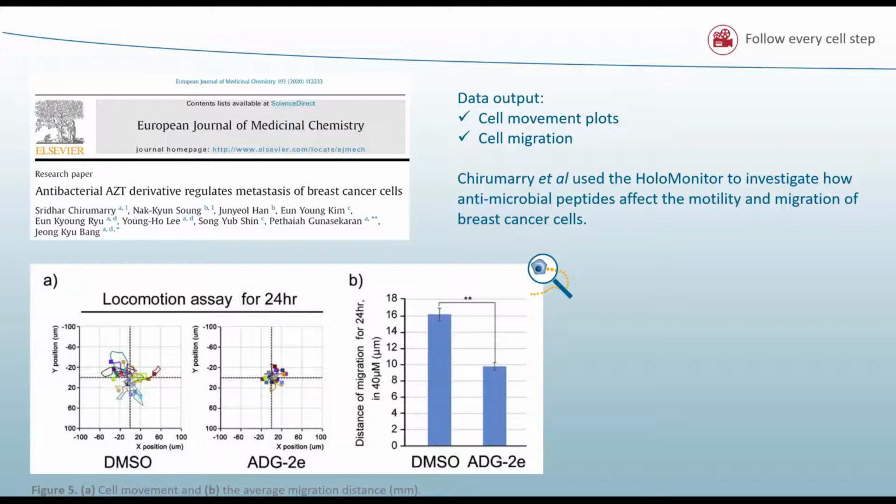The cell movement plots show you that the AGS cells that have been treated with these peptides move a lot less than the control cells. That is also seen in the migrated distance to the right, where you can see that the cells that have this peptide move much less, even migrating less than the control cells.